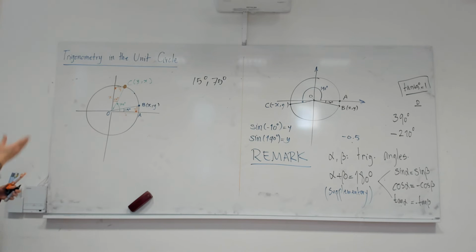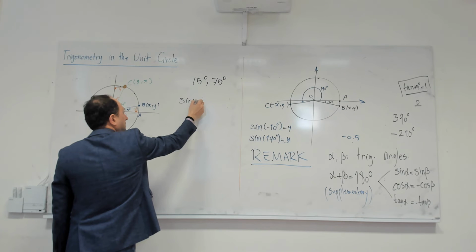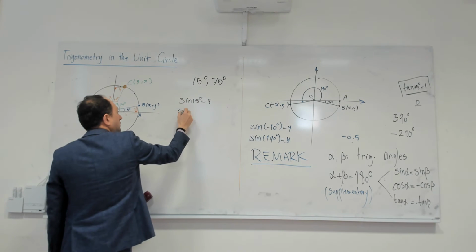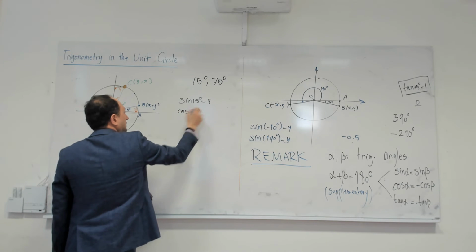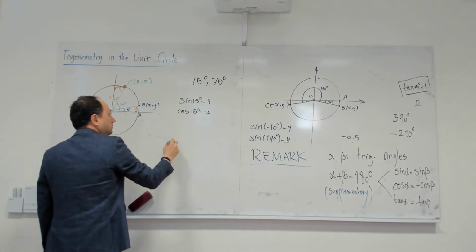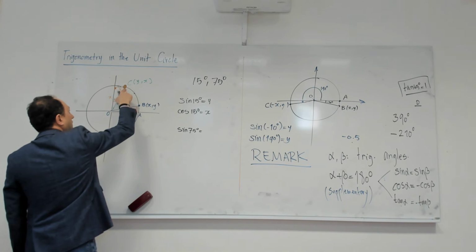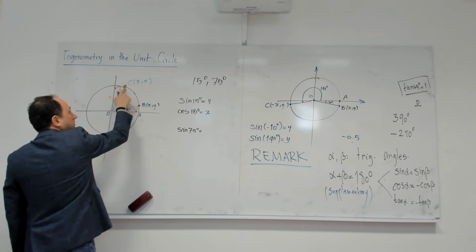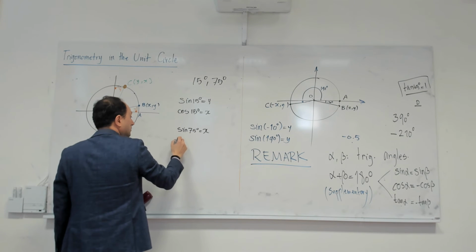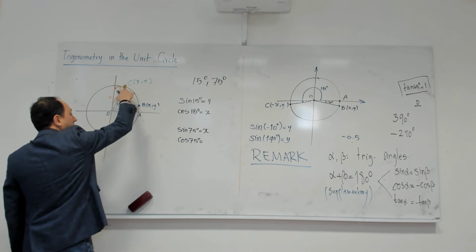Okay. Now can you tell me what is the relation? If I ask you sine of 15 is what? You say sine of 15 is y. If I ask you what is cosine of 15, it is x. Now if I ask you what is sine of 75, you go to 75 and read the y coordinate. What is the y coordinate? X. And if I ask you what is cosine of 75, you go to 75 and read the x coordinate.